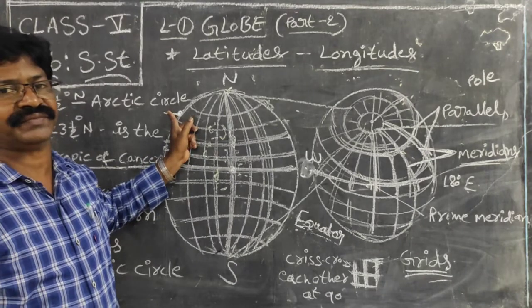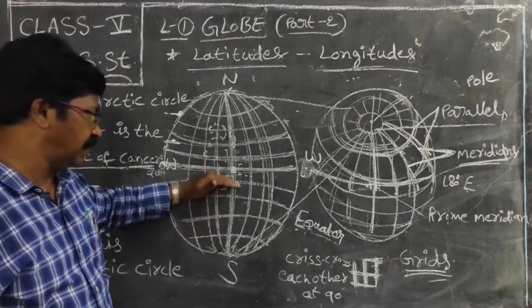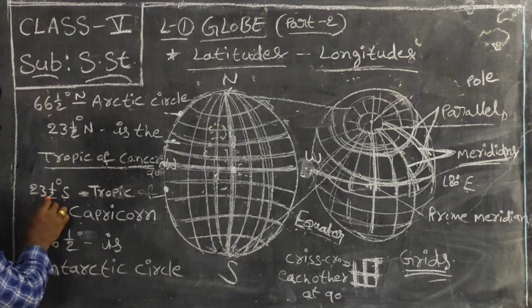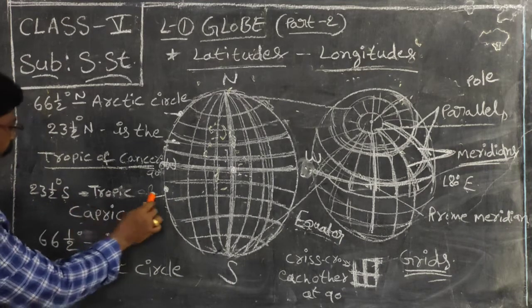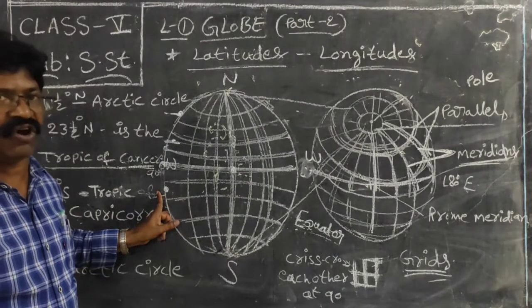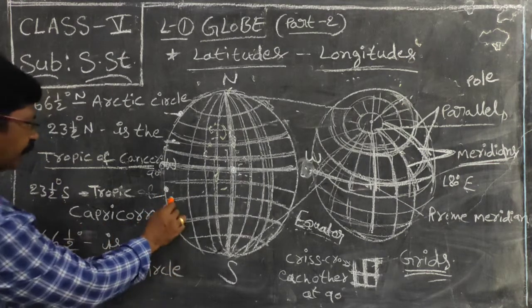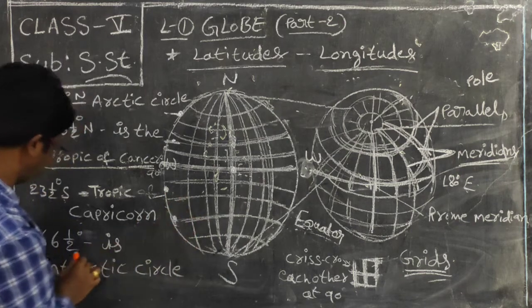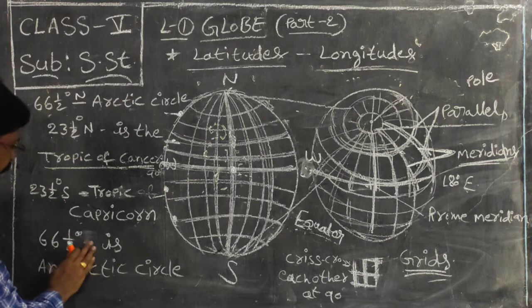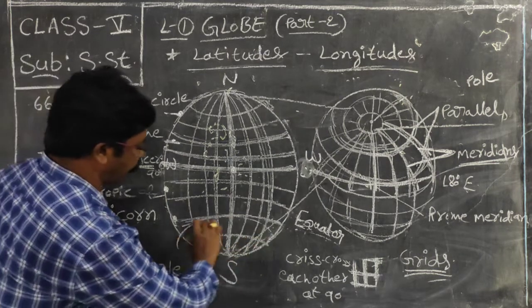In the same way, on the southern hemisphere side, 23.5 degrees south is the Tropic of Capricorn, and 66.5 degrees south is the Antarctic Circle.